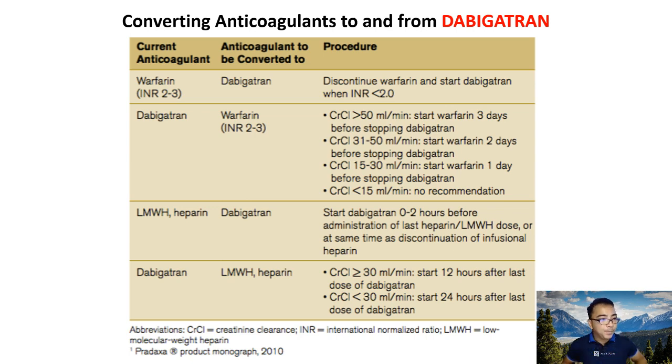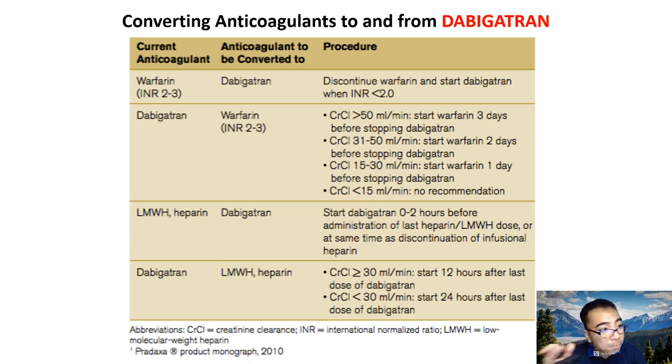Now, what about class? Okay, what about if you are to convert your anticoagulants to and from the dabigatran? Halimbawa, may mga incidents or may mga scenarios class that would merit you changing a patient's medication to the dabigatran or vice versa from the dabigatran to warfarin, say for example.